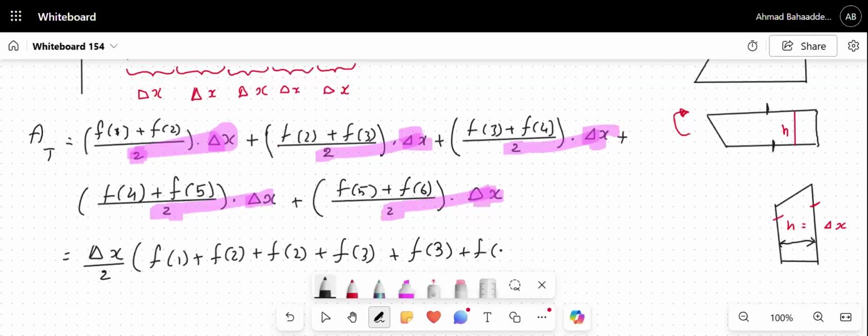Now f of 4 is repeated again, so that's f of 4 plus f of 5. Then f of 5 is repeated again, so that's f of 5 plus f of 6. The last one is f of 6, which is not repeated. And then we close this bracket.